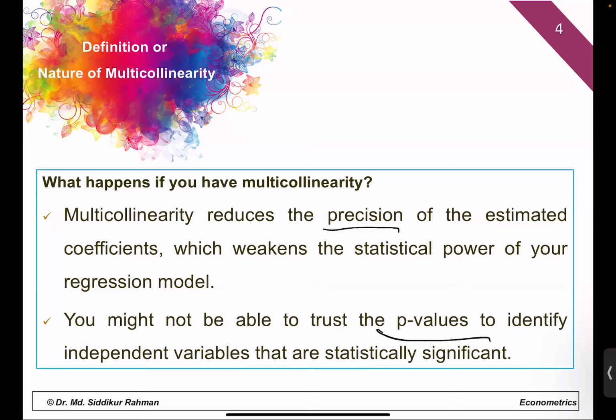The main problem you are going to get is in the estimation of the parameters, right? The coefficients, like the alpha, betas, right? These are going to be imprecise, and if you get imprecise estimated parameters or coefficients, the statistical power of your model is no longer powerful, right? As a statistician, we are always looking for a powerful test, whatever statistical method you use.